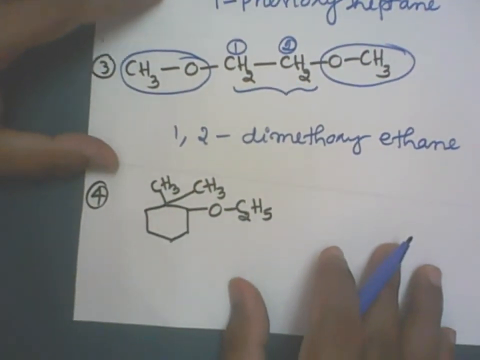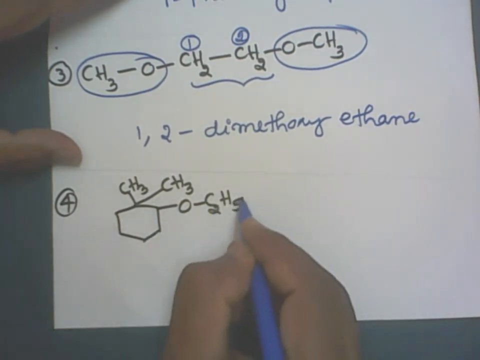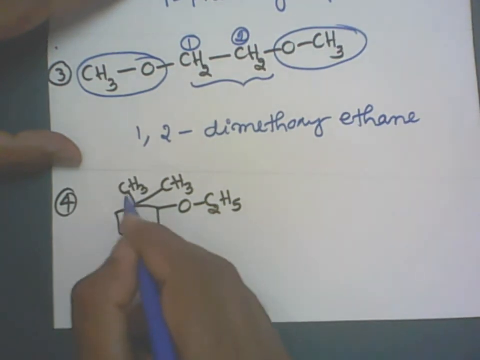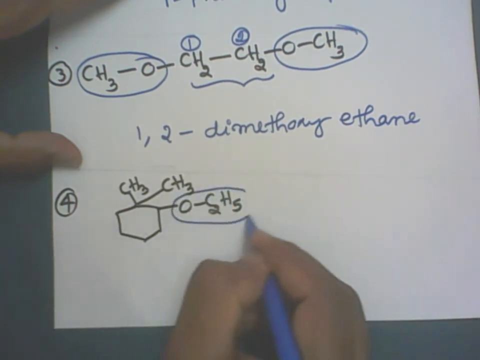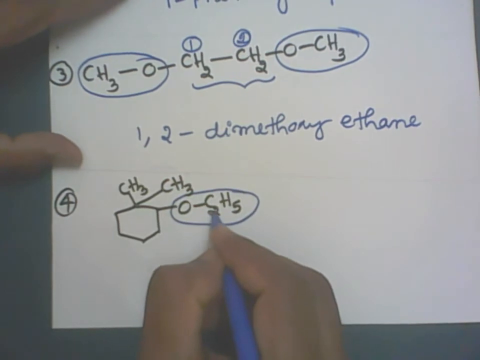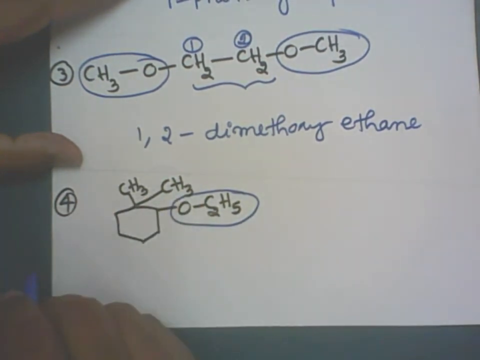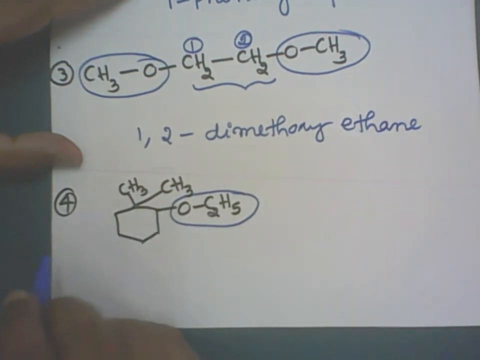Next one. Compound number 4. Here, how many carbon atoms are there? 2 carbon atoms. And the remaining groups on this side: 6 plus 1, 7, plus 1, 8. 8 carbon atoms. So the smaller alkyl group, the lesser number of carbon atoms, always goes with the oxygen. So this is ethoxy. Now you have to number the carbon atoms on the cyclic chain.